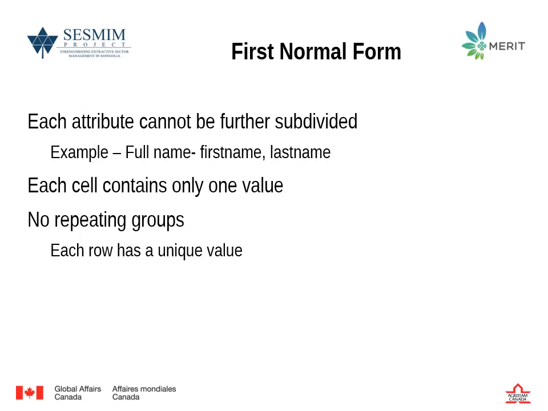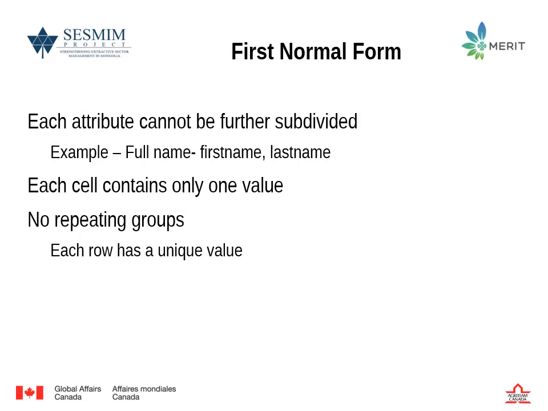So it's not in first normal form if it can be broken down. As a result, each cell would contain only one value, and there are no repeating groups. So each row has a unique value. There are no duplicates, and also, it's not on here, there would be no null values if a table is in first normal form.